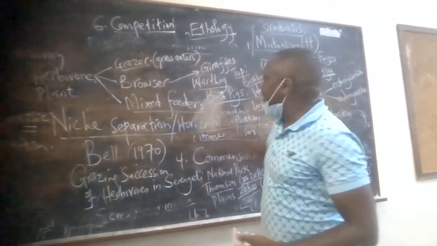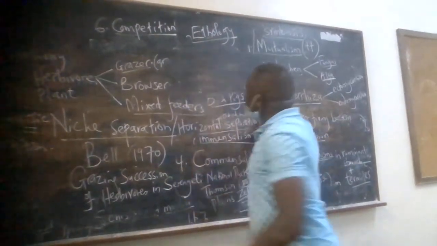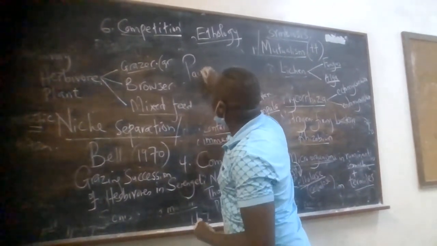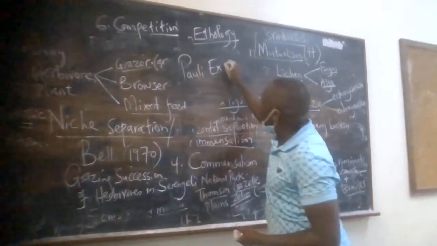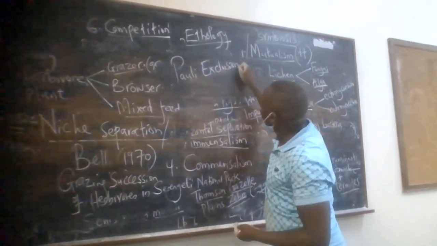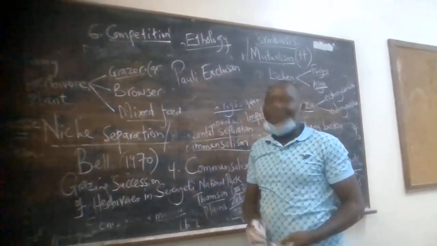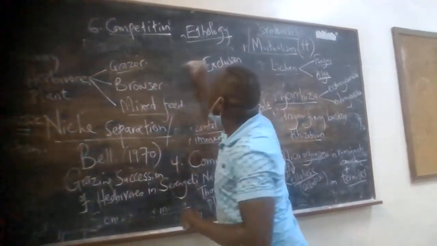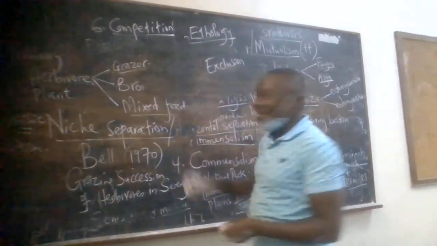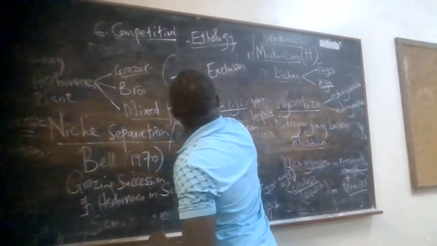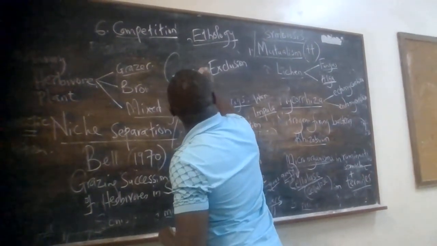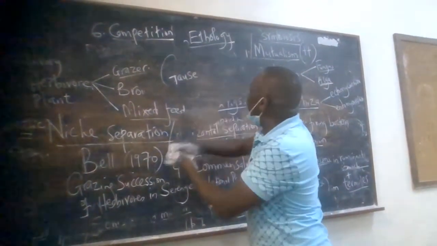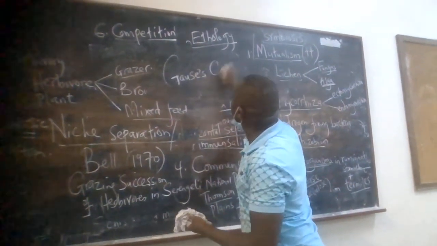A scientist who was an economist was called Pauli, and you had the Pauli exclusion. Okay, let us use the other name, which is common. The other name is called Gause. Gause's competitive exclusion principle.